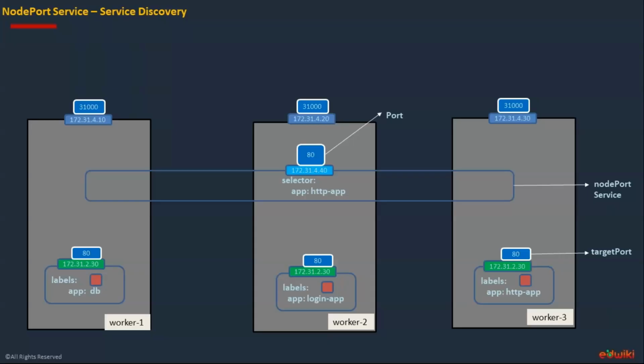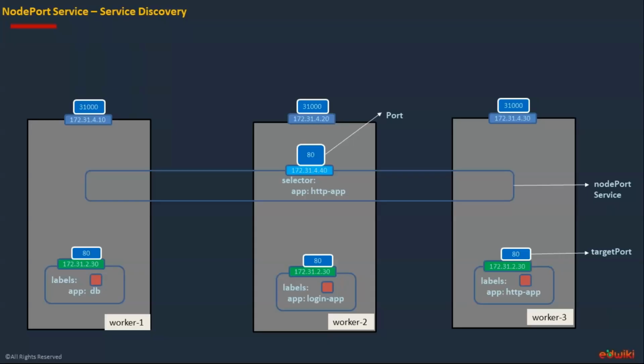So here I'm doing the port mapping between a service port and the worker node port. Like previously, I was doing the port mapping between the container port and the host port, right? Why? That time my container was running on one server only. It's very easy to do the port mapping.